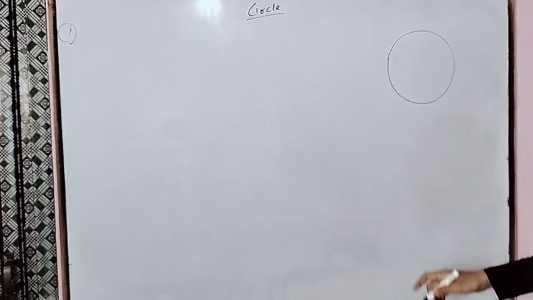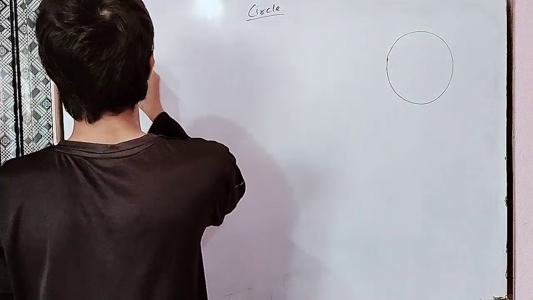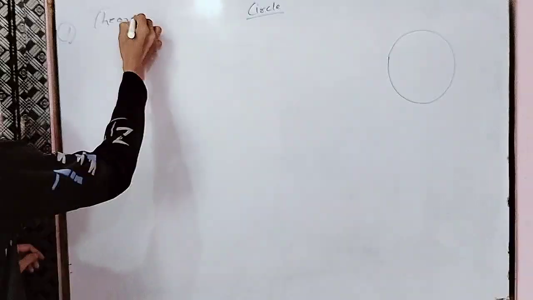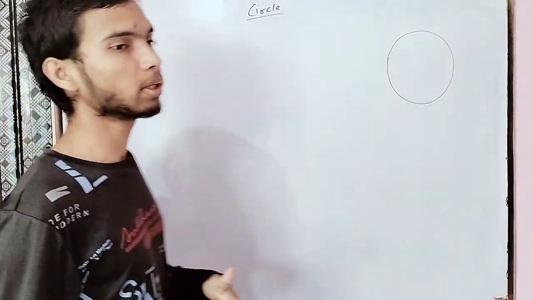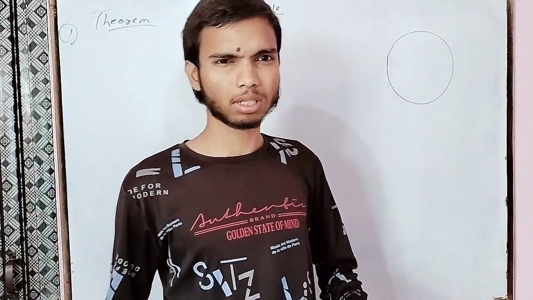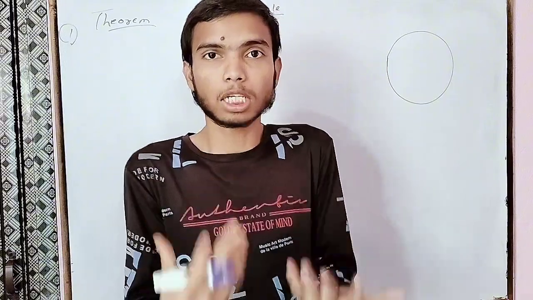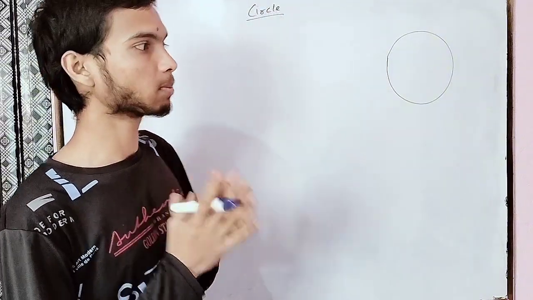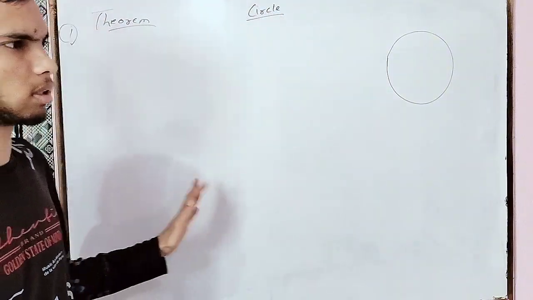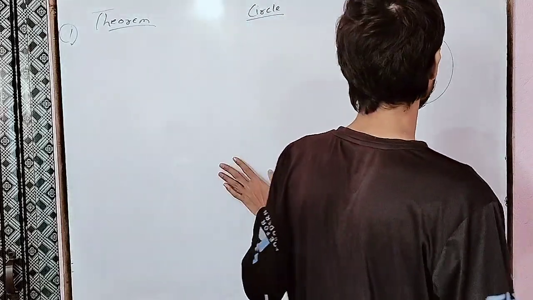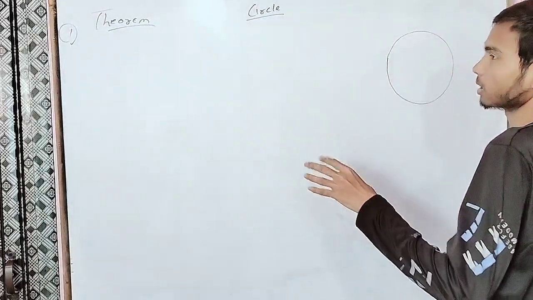It is the first theorem of the circle. I will not be writing all these questions. Instead I will be speaking, and I will be explaining how we can say that this is correct, how to define it.